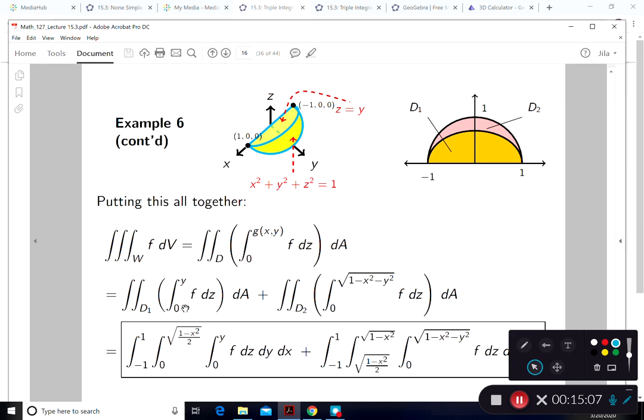This is when z equal to 0, z equal to y, and z equal to the square root of 1 minus x squared minus y squared. And then you have to notice the outer parts. Outer parts are just setting up how we set up the regions. This is region D1, and this is region D2.